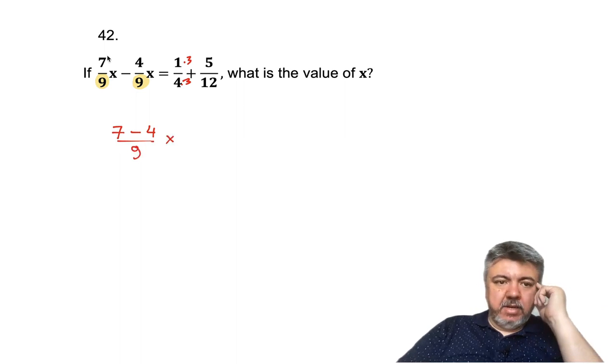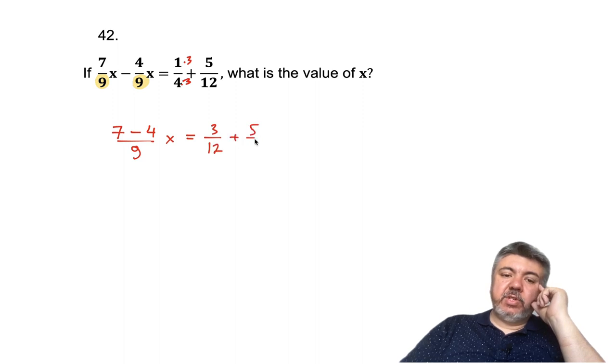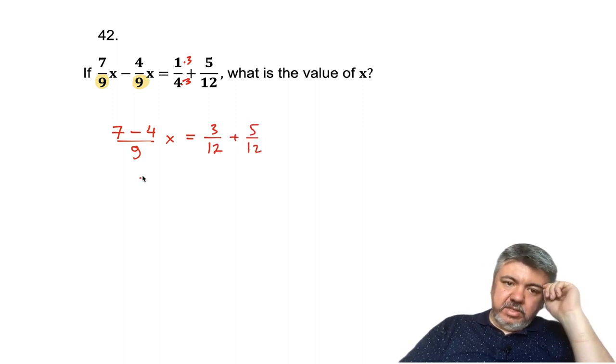Equals 3 over 12 plus 5 over 12. This is 3x divided by 9. 8 over 12.